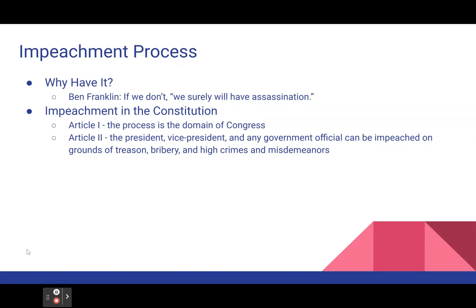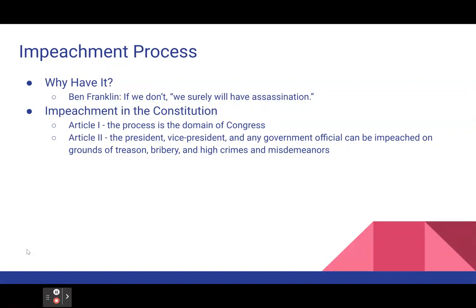So we know why we should have impeachment, because if we don't, we surely will have assassination. And now we know who's in charge of it and who can be held accountable to it and why, right? On the grounds of treason, so treachery, if you are a traitor, if you've betrayed your country or your office, the president, the vice president, any government official.